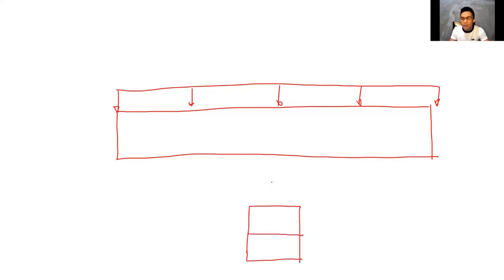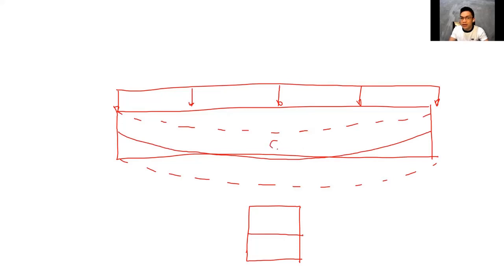So therefore, coming from our load, mag-bend yung ating beam. And from that, hati natin sa dalawa. Sa top is in compression, sa bottom is in tension. So therefore, na-separate siya, compression and tension. So if you're talking about our strain, sa top is yung ating epsilon C, meaning in compression siya. Sa baba is epsilon T, or is in tension.